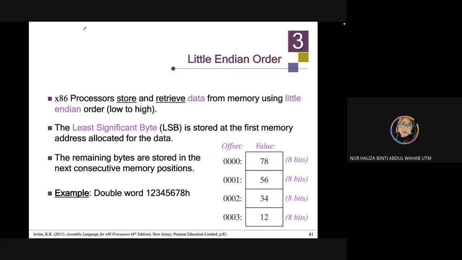So if you want to visualize it in terms of a glass, because you pour in water. For example, if you want to pour your water into your glass, which one will you put in first? You are going to put the end one first, which is 78.